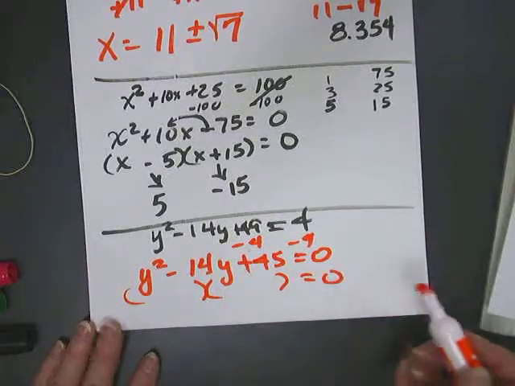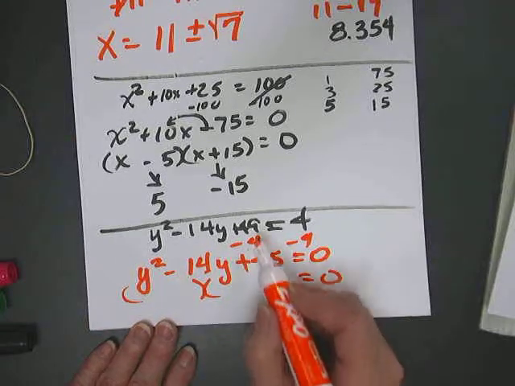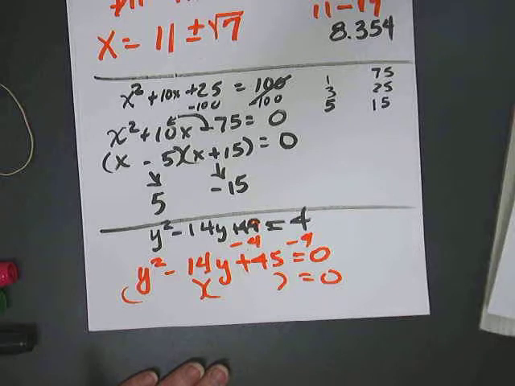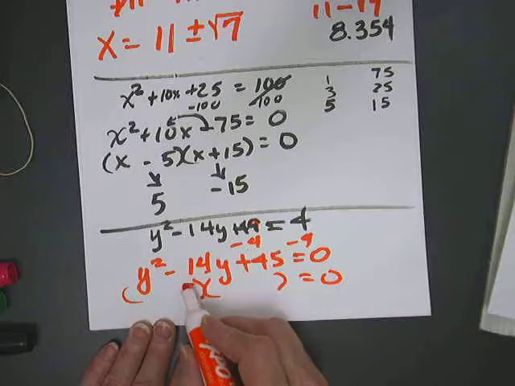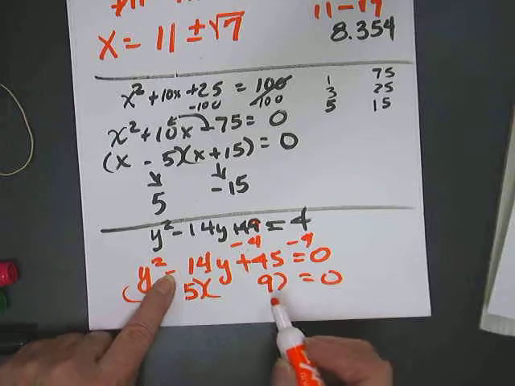Subtract 4. So we have y squared minus 14y plus 45 equals 0. Is that plus 49 on the original equation? 49, yeah. And then when you subtract 4, you get 45.